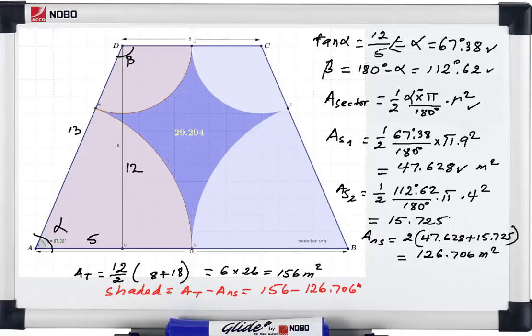That will give us roughly 29.294 square meters. So that is the answer to our question.